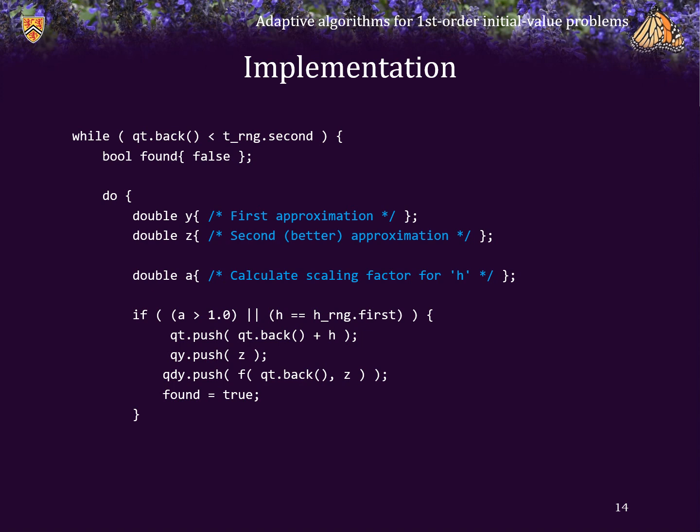So our next t value is the current t value plus h. We will push on to the approximation q the value of z, and the slope at this point will be calculated by calculating f at that point. We will now indicate that the solution was indeed found.